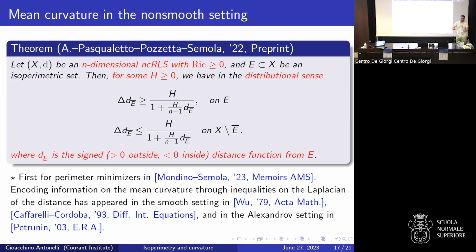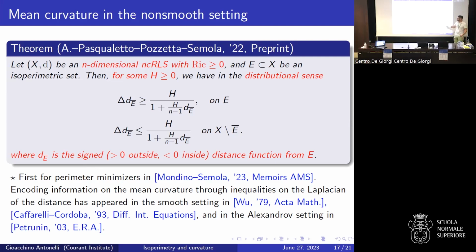And let me say some history about that. The idea of encoding bounds on the curvature with inequalities on the Laplacian of a function is probably old. It dates back probably to the 50s, to Eugenio Calabi. It has been used several times in the literature: in the proof of the splitting theorem by Cheeger and Gromoll, in this work by Hu in 79, and by Caffarelli and Cordoba in 93.